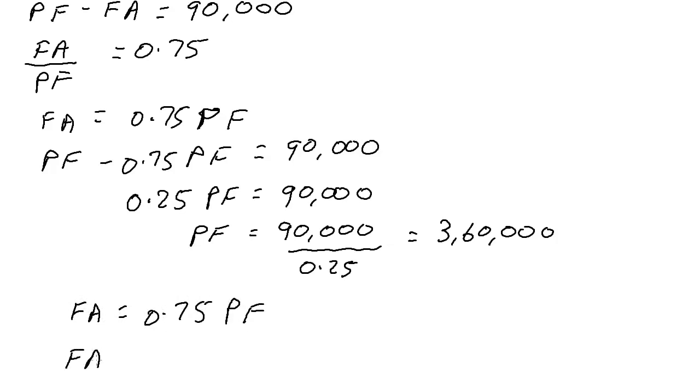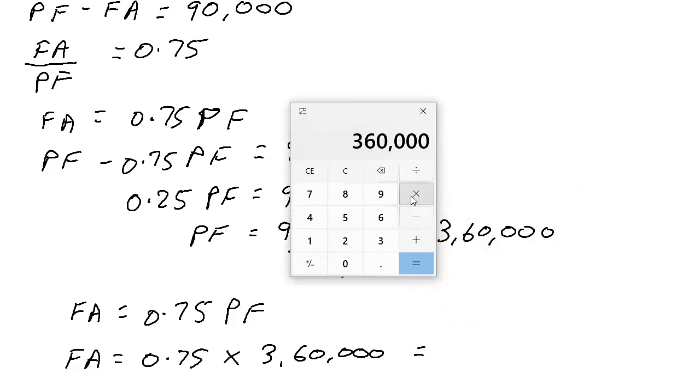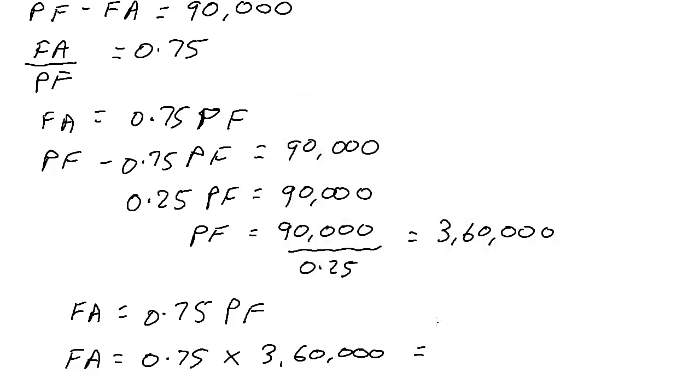So fixed assets is equal to 0.75 times 3,60,000, which is equal to 2,70,000. With that, we have everything we need in order to make the balance sheet.